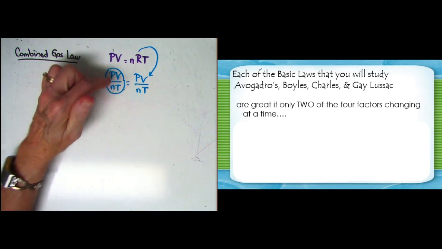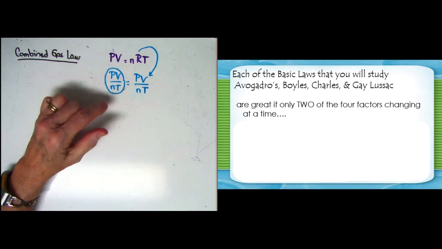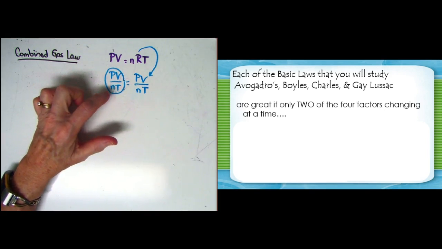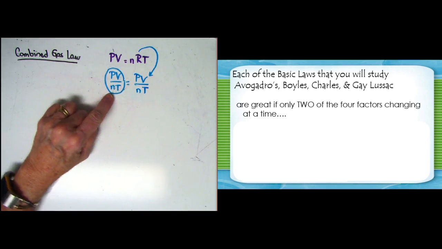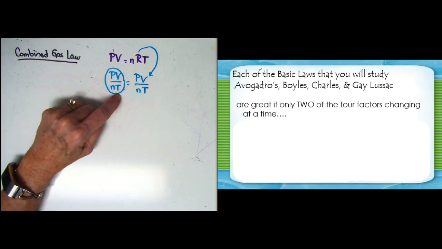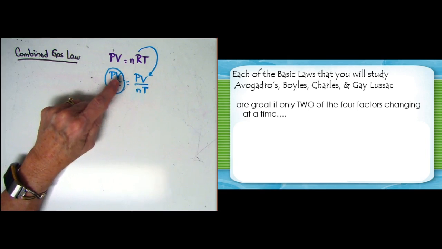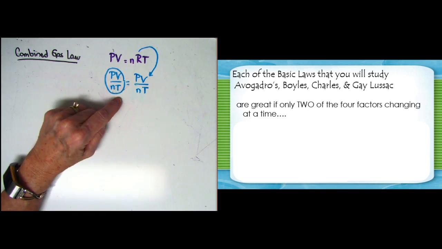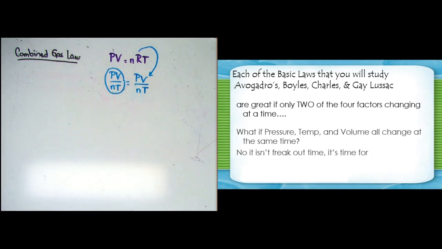They look at volume and pressure, which is Boyle's, volume and moles, which is Avogadro, pressure and temperature, which is Gay-Lussac, and volume and temperature, which is Charles. If we put more than two of them together, we call it the combined gas law.